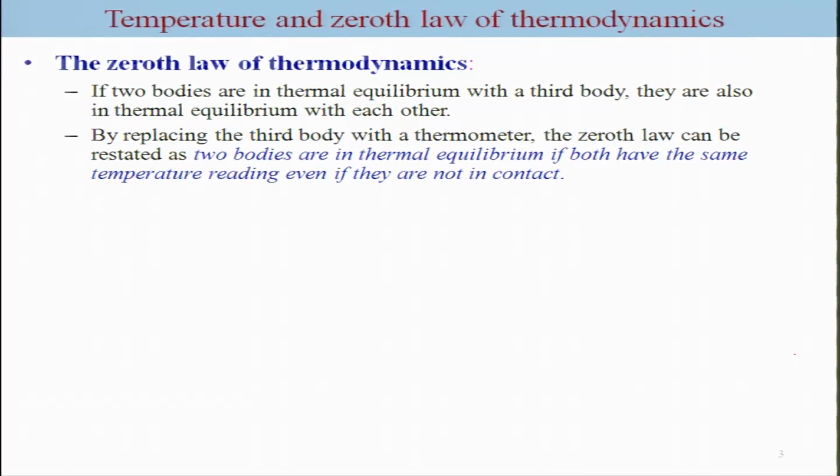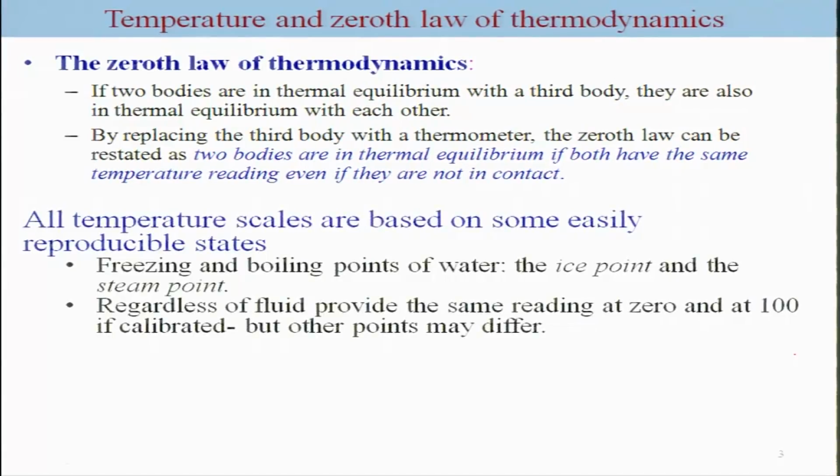Now, practically it means that we need to understand how thermometers work. All the temperature scales which have been devised are based on some easily reproducible state. And these states are basically the ice point and the steam point, so basically 0 degree and 100 degree.